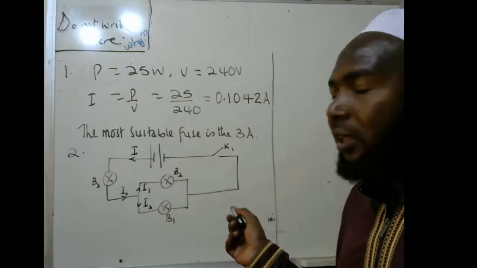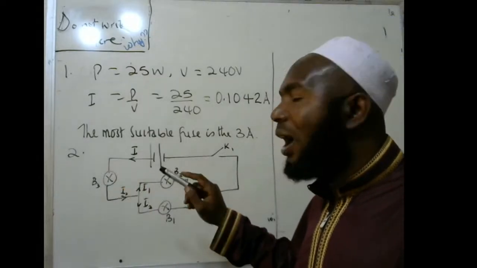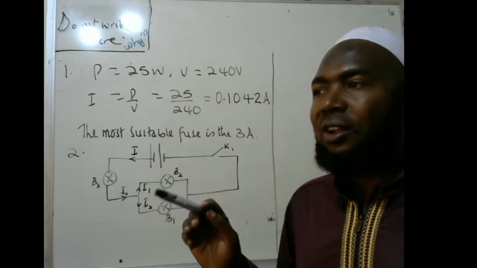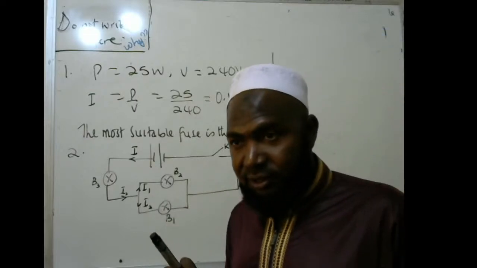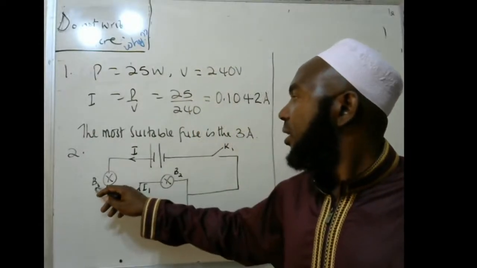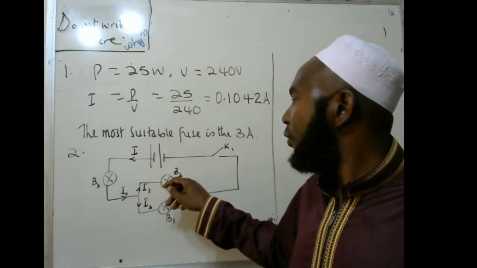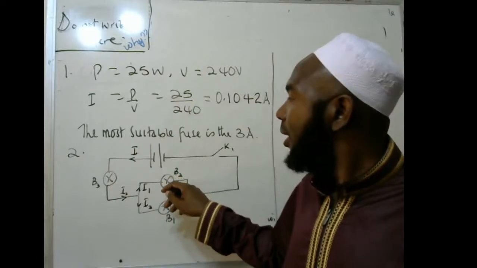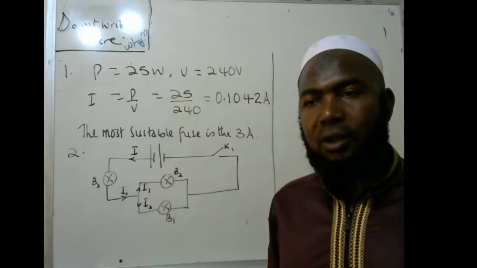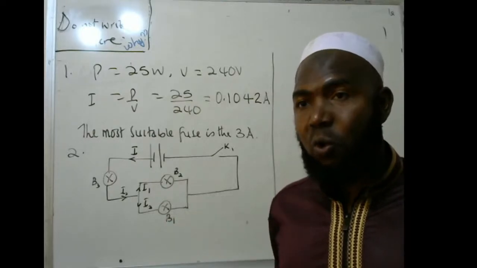Are you getting it? If B3 and B2 have identical resistance, then they light with the same level of brightness. But if the resistance of B3 is less than the resistance of B2, then B3 is going to be lighting brighter than B2. When the resistance is high, current is low.